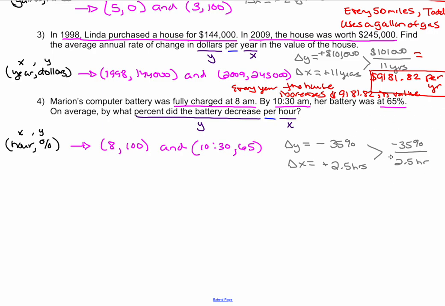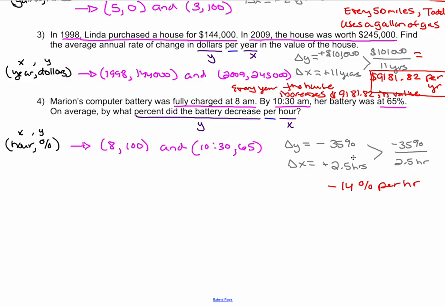But then we want to simplify that to have per 1 single hour to have our unit rate. So dividing this, 2.5 is a decimal, so please understand we're not just dividing by 2, we're dividing by 2.5. It is a little tricky when you're dividing by decimals. Negative divided by positive is a negative. 35 divided by 2.5 is 14. So negative 14% per hour.